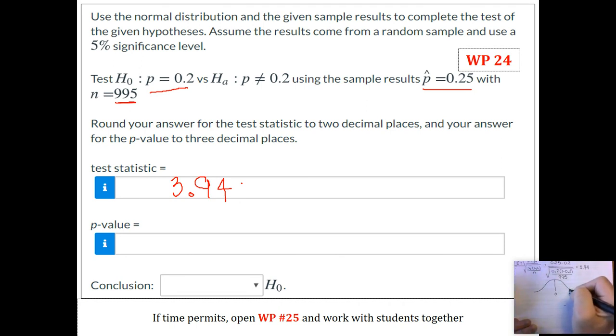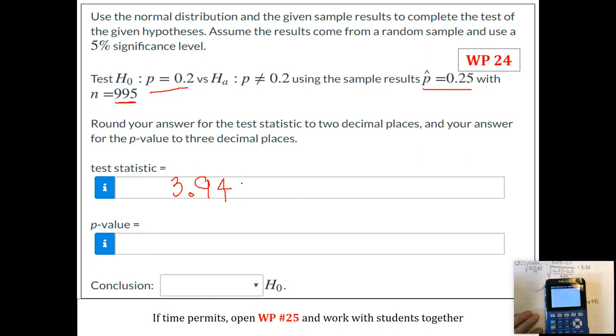I want to know how much area is consumed as extreme as 3.94. Well, in my calculator function, that will be normal CDF. That's the area function. And we will calculate that normal CDF based on 3.94 as our lowest number, going to a maximum number, and I will use E99, positive 1 E99.